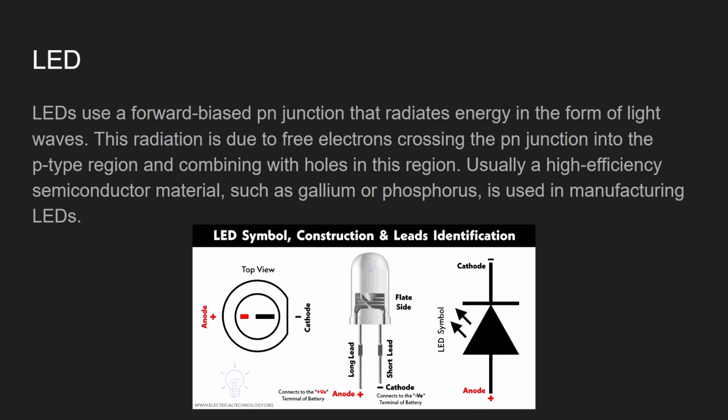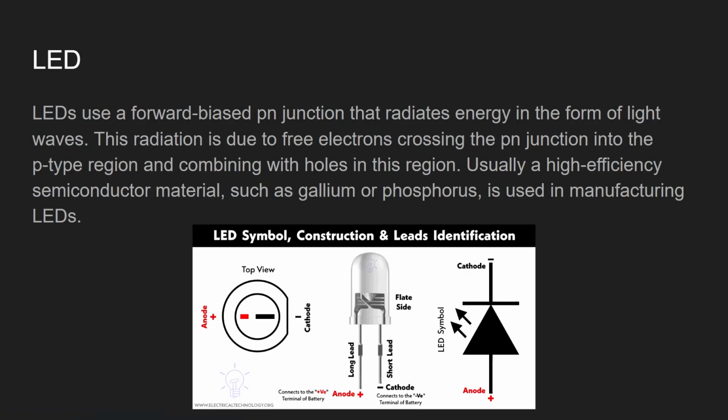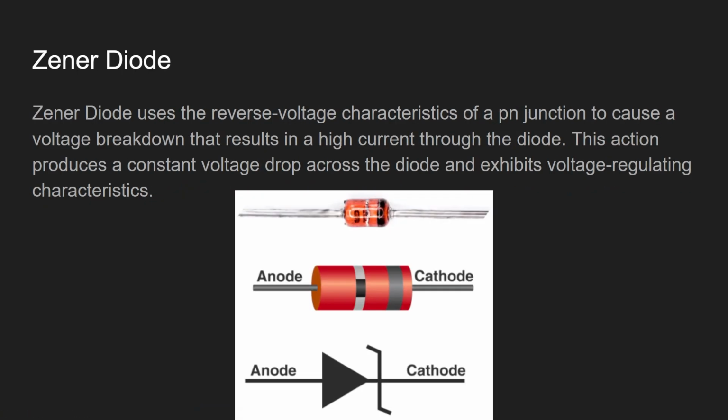You see that, P type, N type, right? This is just like a normal diode. Zener diode is important because LED appears in your syllabus, and Zener diode also appears in your syllabus, which is, you see that Zener diode uses the reverse voltage characteristics.